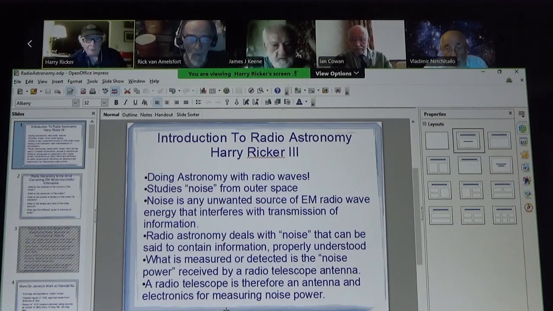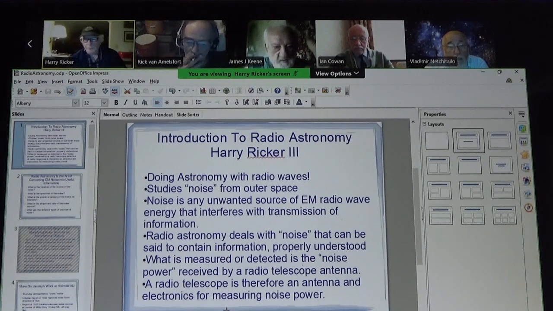That's the way we talk about it. There's lots of noise coming from computers, and nowadays from refrigerators and vacuum cleaners and all kinds of stuff like that. And radio astronomy deals with noise that can be said to contain information.